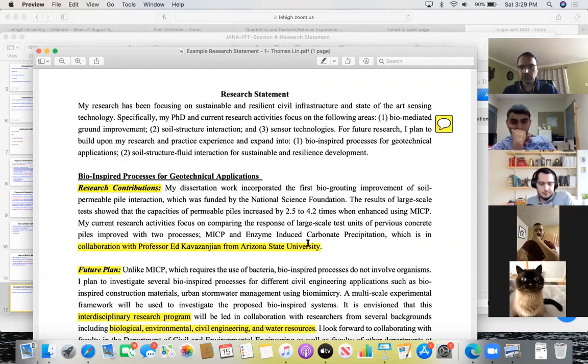And it was very important to mention Ed. Ed is very well known, not only in the US, but all around the world in geotechnical engineering, or in my research area. A couple of years or maybe more before Thomas started applying for faculty positions, Ed was elected to the National Academy.